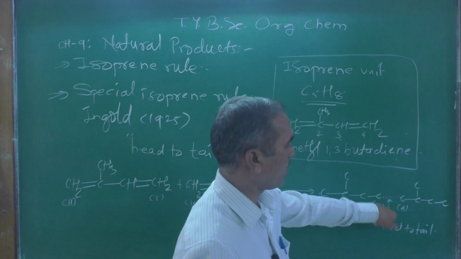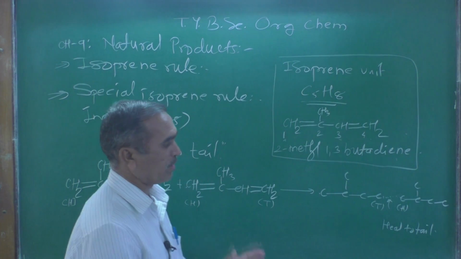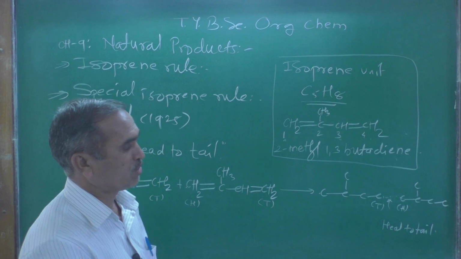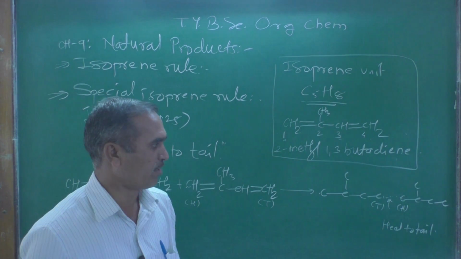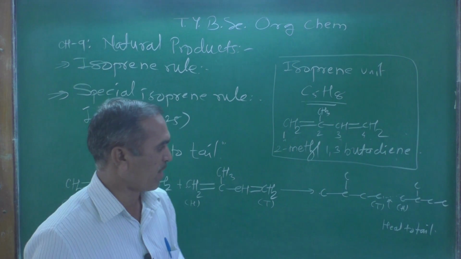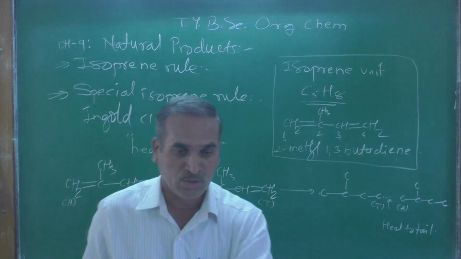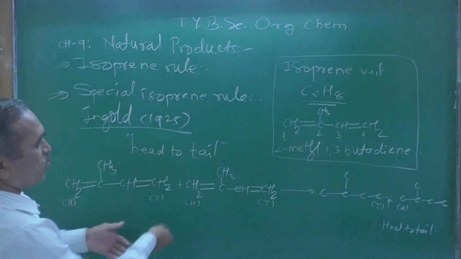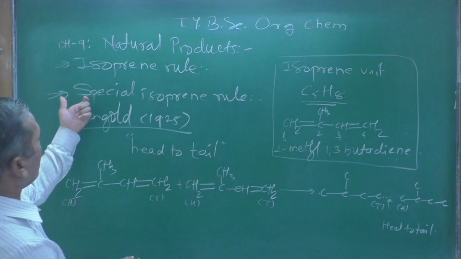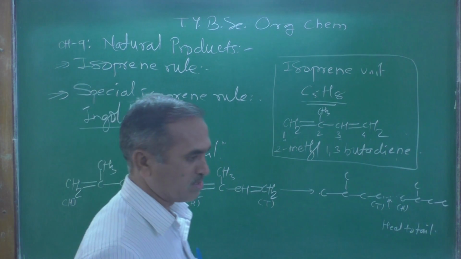H indicates the head of the other isoprene unit. They are joined together in a very peculiar, very systematic manner, and therefore that type of rule is known as the special isoprene rule, suggested by Ingold, a scientist.